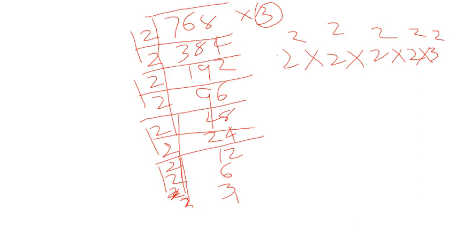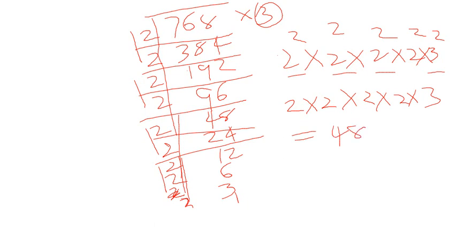To find the square root, we take just one number out of each square: 2 times 2 times 2 times 2 times 3. If you don't do it properly, you may miss some numbers here, so be careful. It's 4 times 2 is 8, 8 times 2 is 16, 16 times 3 is 48.